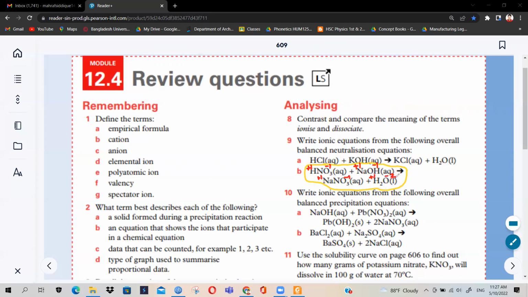From the left side, H plus, NO3 minus, plus Na plus, OH minus, and we will get Na plus, NO3 minus, plus 2H plus, because there are two hydrogen ions, plus O2 minus.